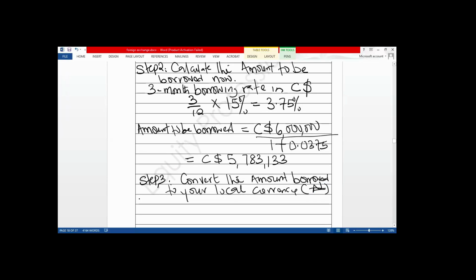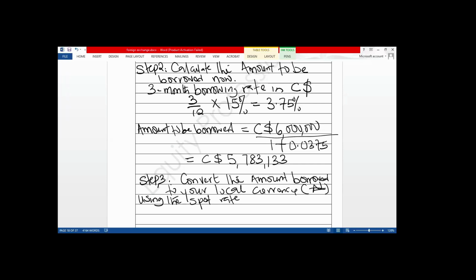Hello, sir. Yes, please. I don't understand. You want to borrow an amount now. The amount you are going to borrow now must give you 6 million in 3 months' time.